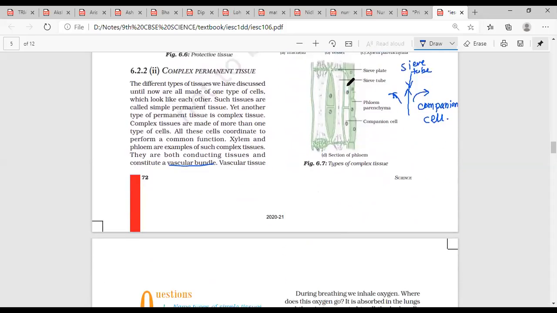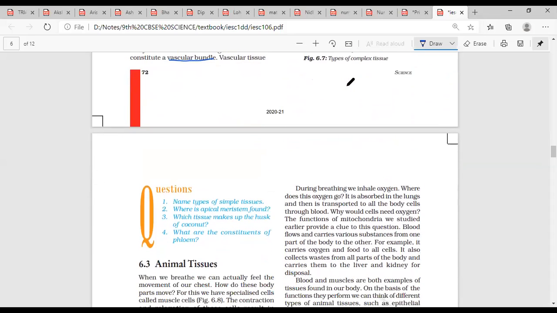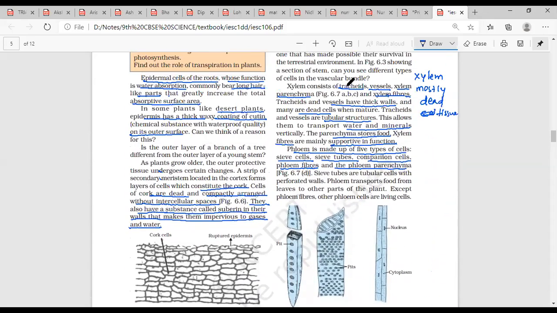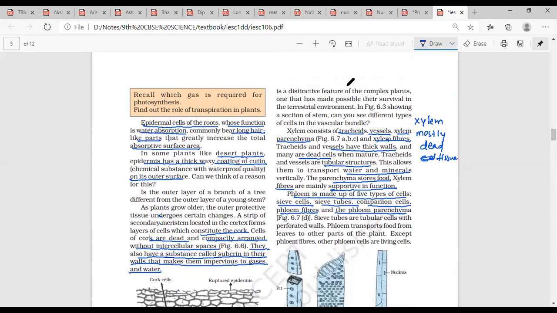Ma'am, so xylem is mostly dead and phloem is mostly alive. Yes, so write down the differentiating points between the xylem and phloem. In the notebook itself, write down. Write as differentiating points, as it is asked for 3 marks.